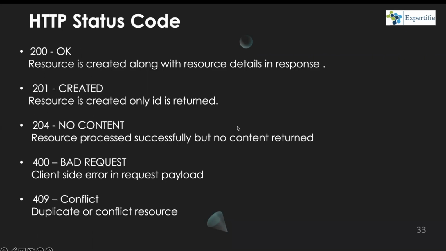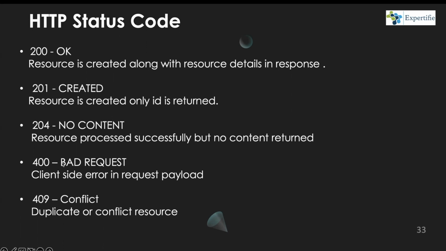Okay, then what are these HTTP status codes? 200 OK means the resource is created along with resource details in the response, and 201 created means the resource is created, but not all the resource details are written in the response. Only the ID is returned. 204 is no content, like the request is accepted by the server and processed successfully, but there is no content to be returned to the client.